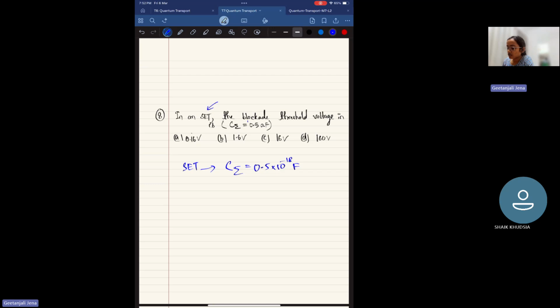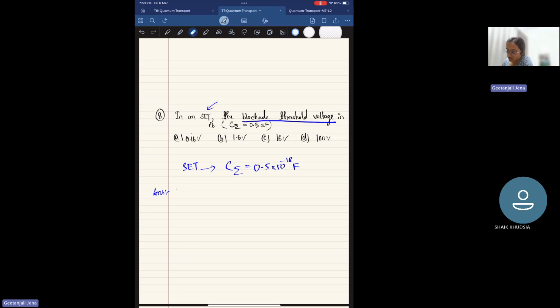What is the threshold voltage for Coulomb blockade? The threshold voltage is the minimum voltage that is required to see the tunneling.